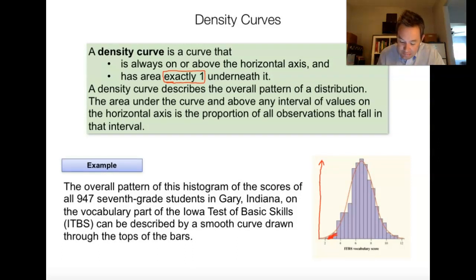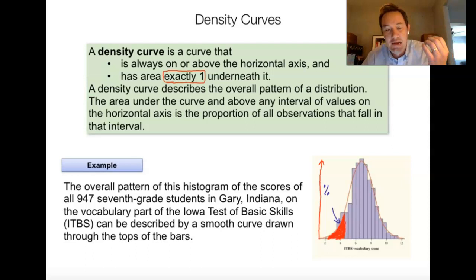And in that sense, the density curve having an area of exactly 1 underneath it, then anytime we find an area on an interval, that area will represent the proportion of individuals that fall within that interval, okay? So this is an example of 947th grade students in Gary, Indiana, and their scores on the vocabulary part of the Iowa Test of Basic Skills, right?